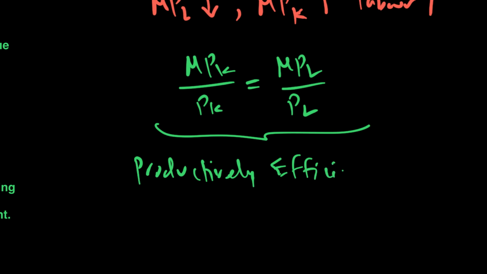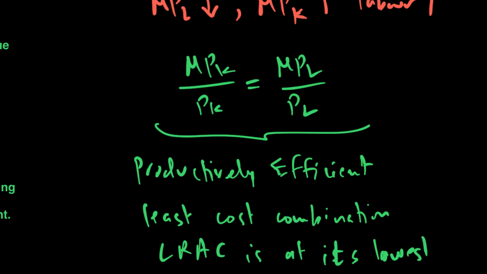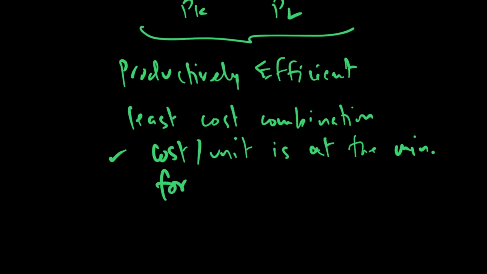This is where the firm has found what we call the least cost combination, where the cost per unit is at the minimum for that combination, for that output level.